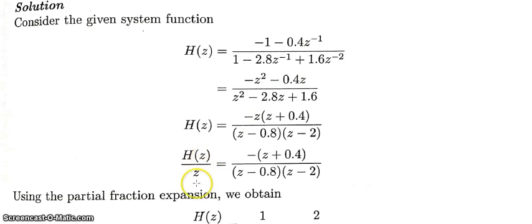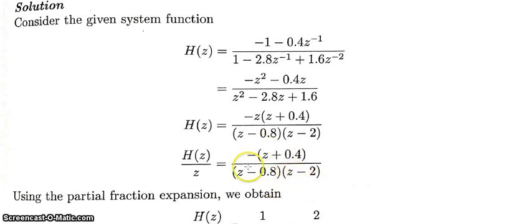So we have H of Z by Z equal to minus of Z plus 0.4 divided by Z minus 0.8 into Z minus 2. In the fraction on the right side, the order of the numerator polynomial is 1 and the order of the denominator polynomial is 2, so this is a proper fraction.